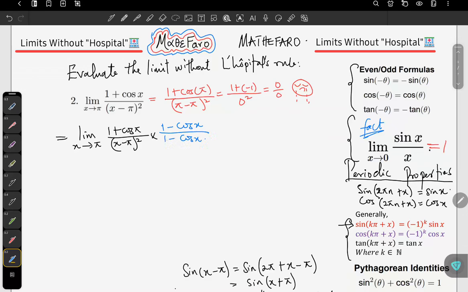The numerator is a difference of 2 squares, so as x approaches pi, we get 1 squared minus cos x squared, all over (x minus pi) squared times (1 minus cos x).